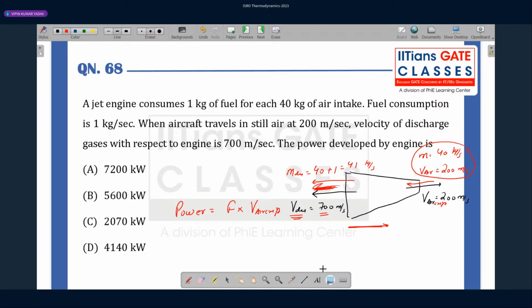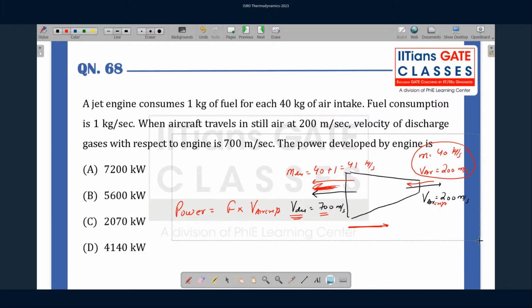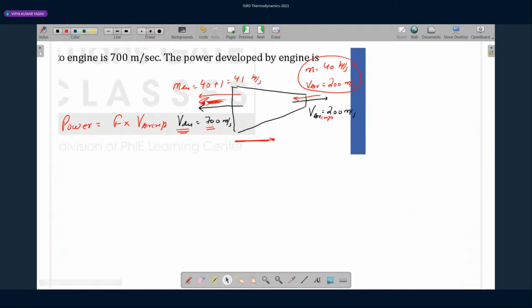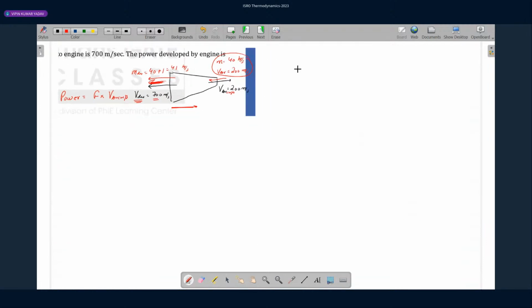Let me take this on another page. So power is equal to thrust force into velocity of aircraft.